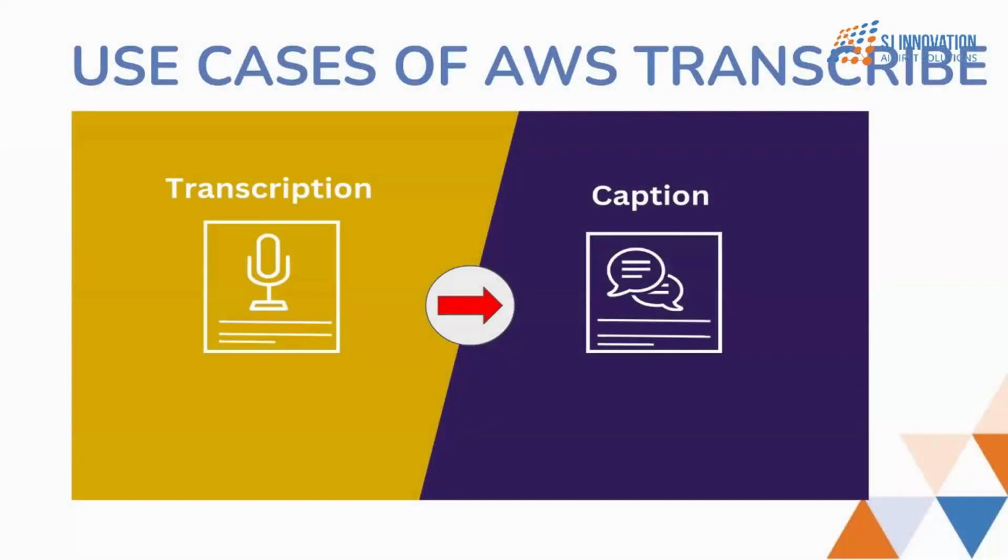Some of the use cases of AWS Transcribe would be, as I said, generating captions and subtitles for movies by feeding the media files to it. And most commonly, recently, clients have been using this feature to store call recordings.